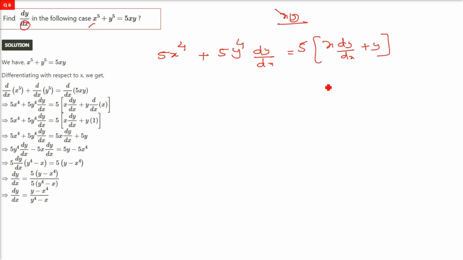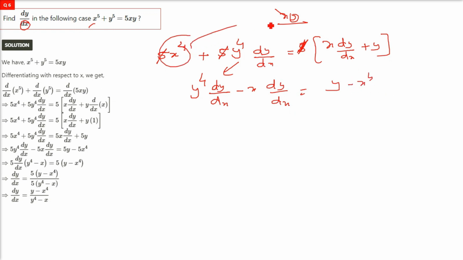And then we have dy by dx, bring it on one side. So 5 you can cancel, all these 5 are there. You can take 5 common from here and cancel this out. And bring this dy by dx on one side. So y to the power 4 dy by dx, this I am taking, this is minus x dy by dx equals y minus x to the power 4.